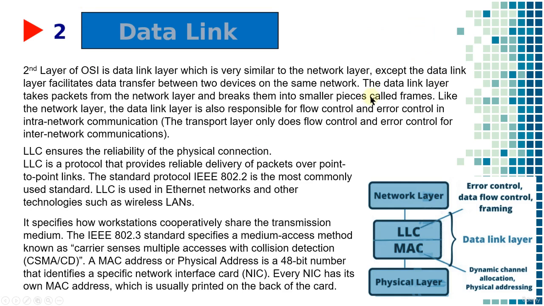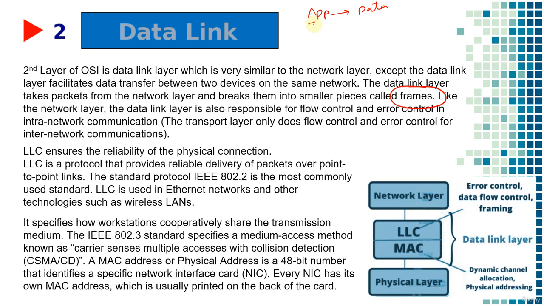So let's talk about the data link layer. It takes the packet from the network layer, and we know that the network layer deals with the packet, and breaks it into smaller pieces called frames. We came to know that at the application layer, the term is called data.